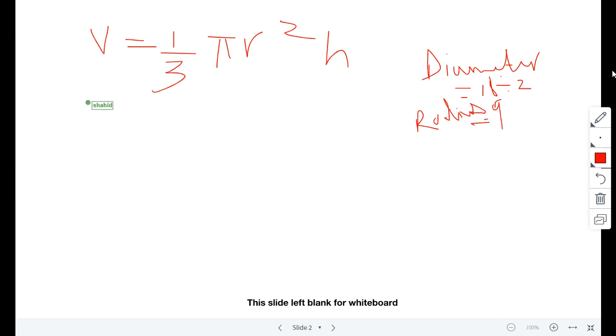So then here I would put V equals 1 over 3 times 3.14. Would I put a times sign here or not? Would I just leave 3.14 and then 9 squared? I wouldn't need to put a times sign here, would I? Yes, you have to. Okay, so I need to put a times sign there.